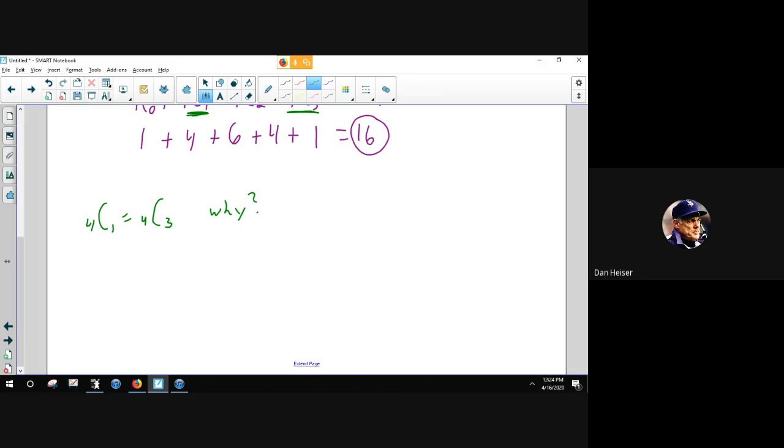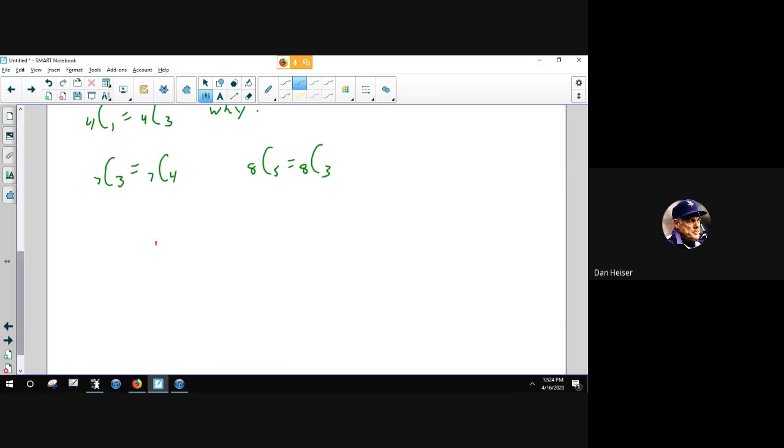For instance, let me just make one up. 7C3 will equal 7C4. 8C5 will equal 8C3, and so on. Reason for that is in the formula for nCr. Remember that nCr is n factorial over r factorial times n minus r factorial.